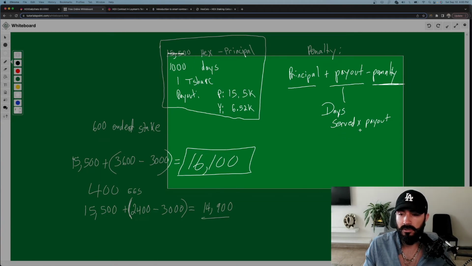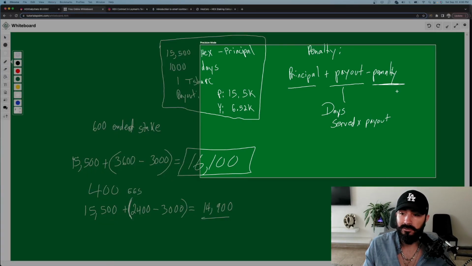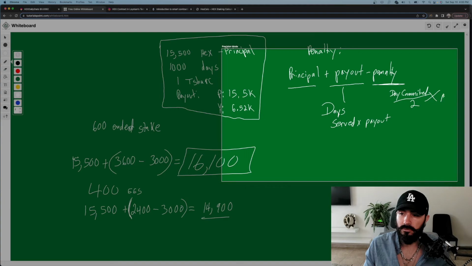It's 6, so it'd be days served times 6. The penalty is half days committed, so it's days committed divided by 2 times payout. And then you subtract these two, and then you add that to the principal.